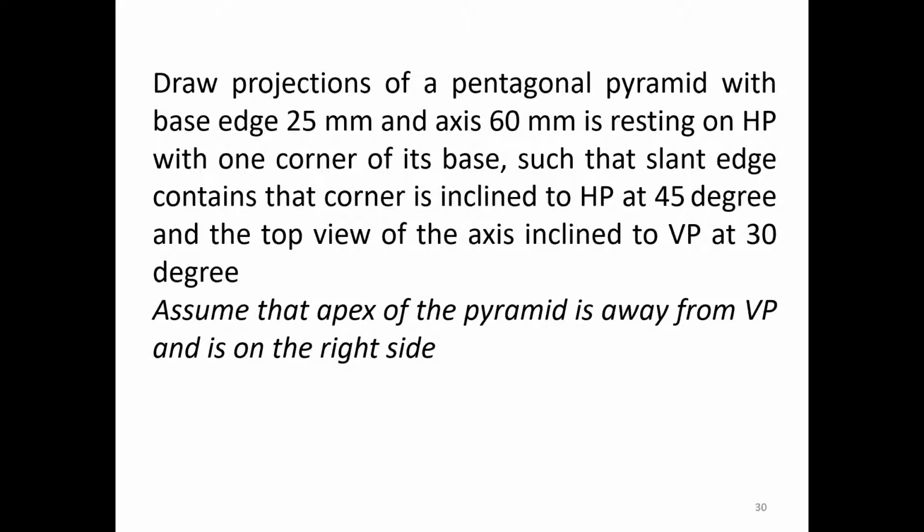Draw the projection of a pentagonal pyramid with base edge 25 millimeter and axis 60 millimeter, resting on the horizontal plane with one corner of its base, such that the slant edge containing that corner is inclined to the horizontal plane at 45 degree and the top view of the axis is inclined to VP at 30 degree. Assume that the apex of the pyramid is away from VP and is on the right side of the observer.